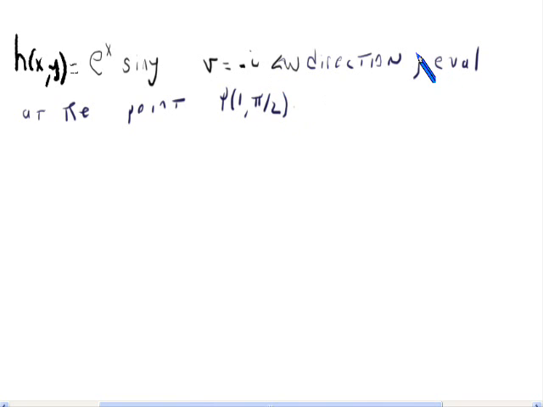Okay, so I'm going to do this. We know that the directional derivative, first of all, this v equal to negative i is already a unit vector. So note, this is the solution.